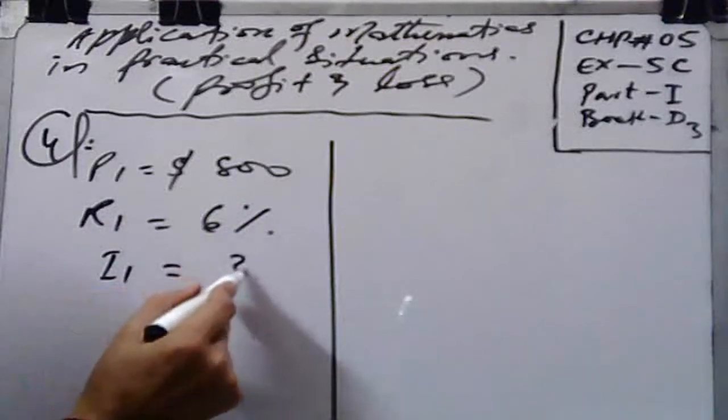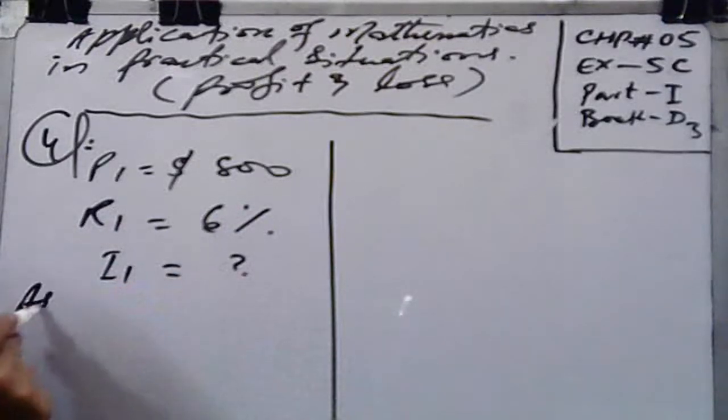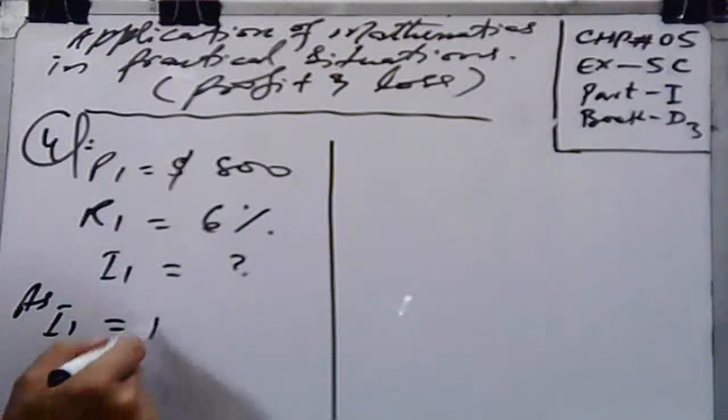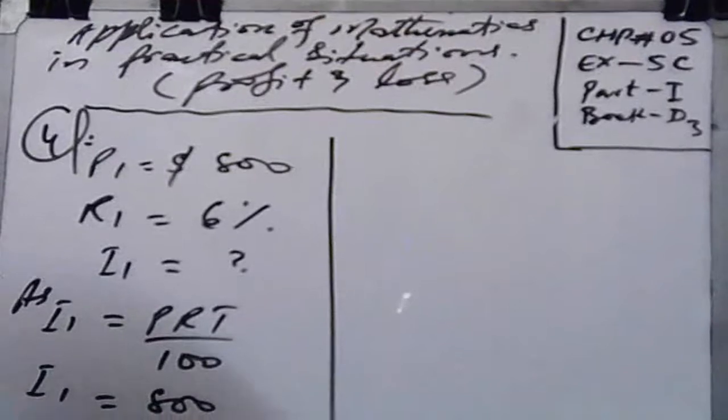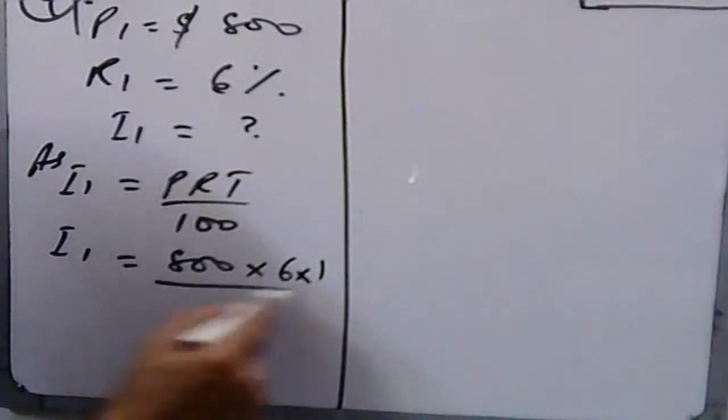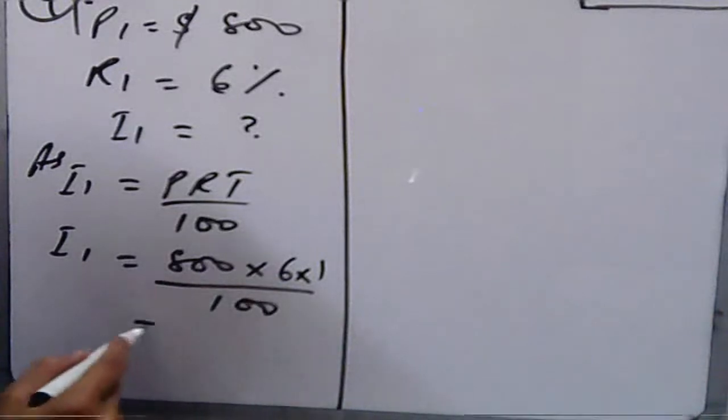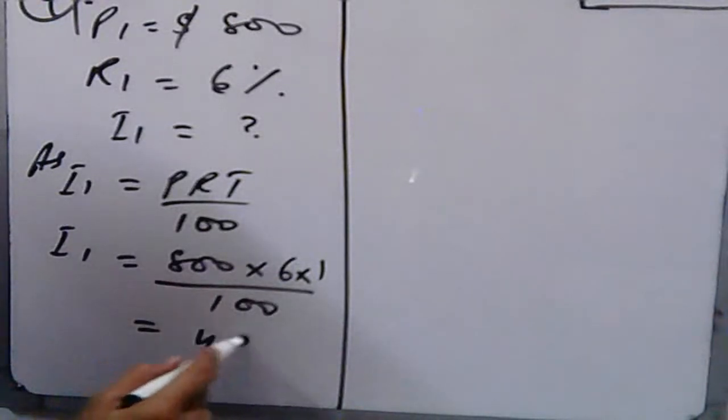So as I1 is equal to PRT divided by 100, 800 multiplied by rate of interest 6, and for 1 year that is 1, divided by 100. So after simplification, $48 is your simple interest.